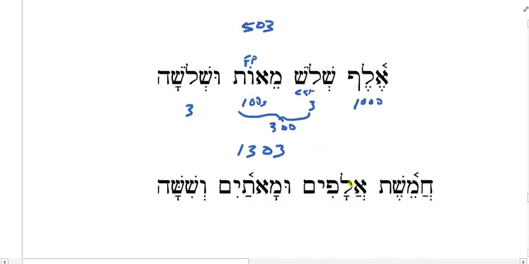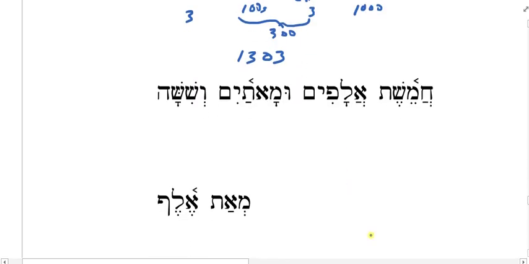On the next one, I have Chameshet, which is a form of 5, a unit number for 5. Alafim is the number 1,000 in the masculine plural. So we're actually dealing with sets of 1,000. So I'm going to put an S there for thousands. How many thousands?